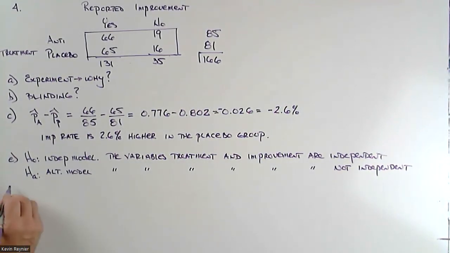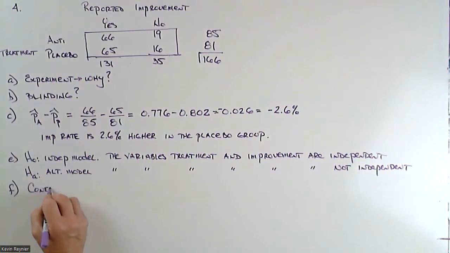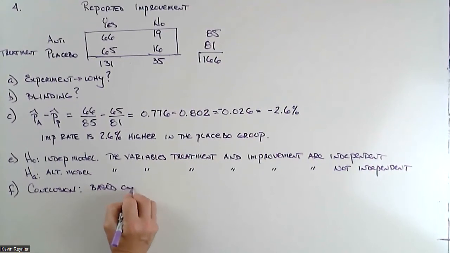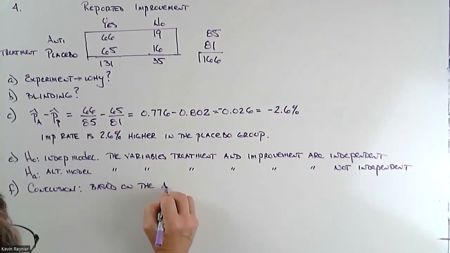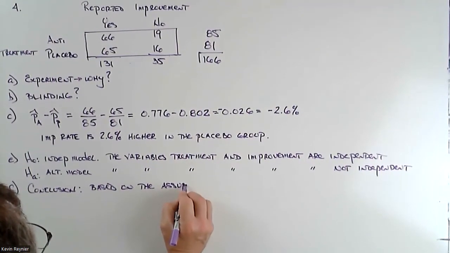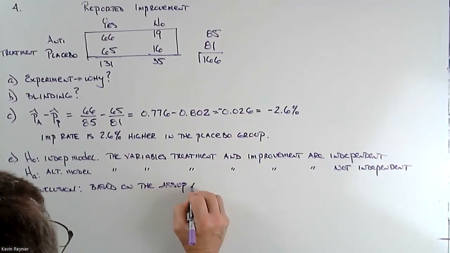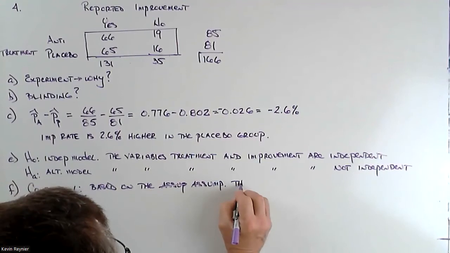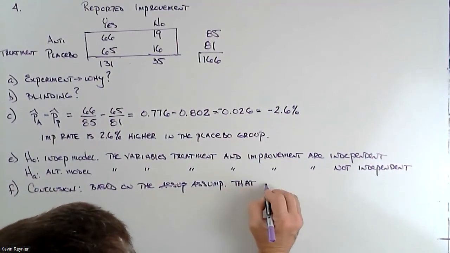Part F. Now here we go, making our conclusion again. We've seen this now a few times, how we're going to make our conclusion. Our conclusion is always based on the assumption that H naught is true.